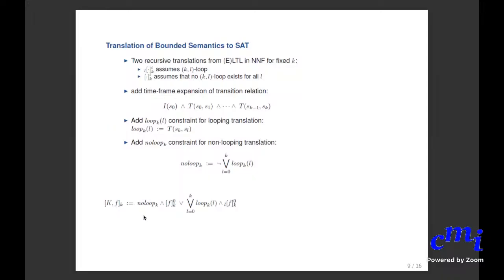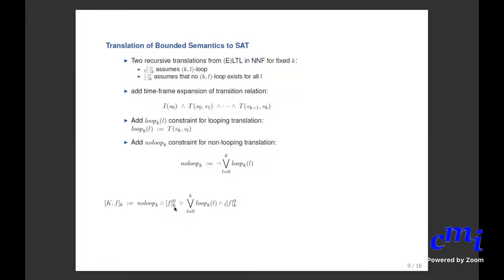Okay, so given that, if there is no loop at all, then you have this notation, which denotes the no-loop translation. You're going to see how exactly the translation into a SAT instance is done.